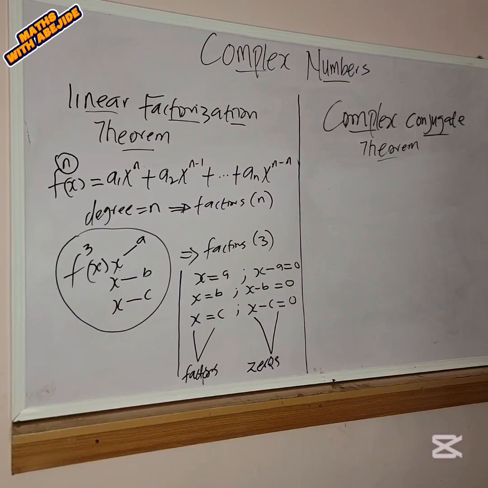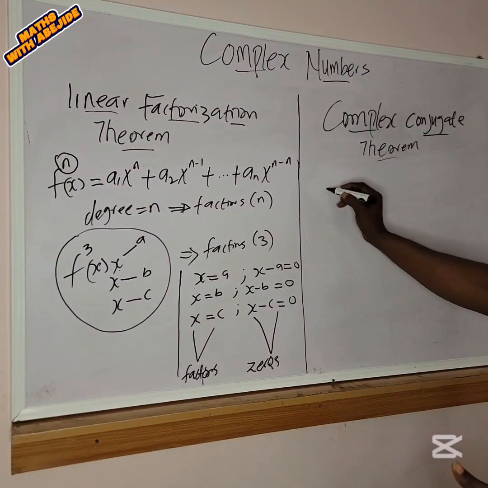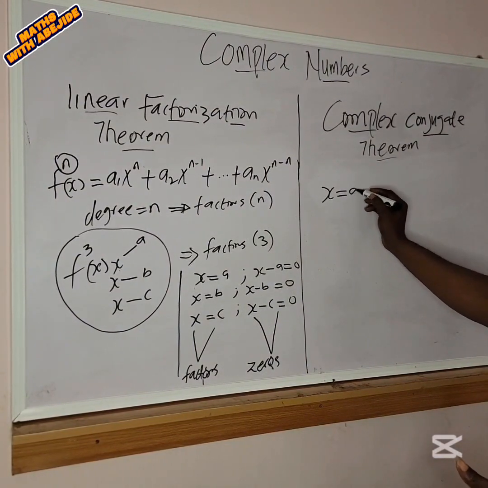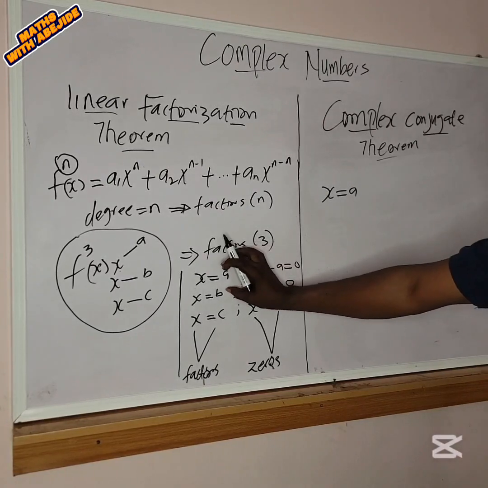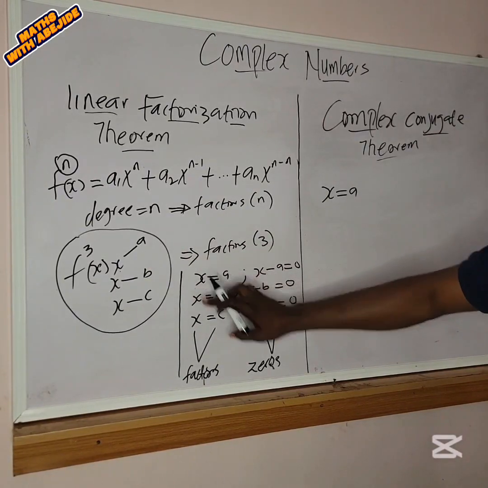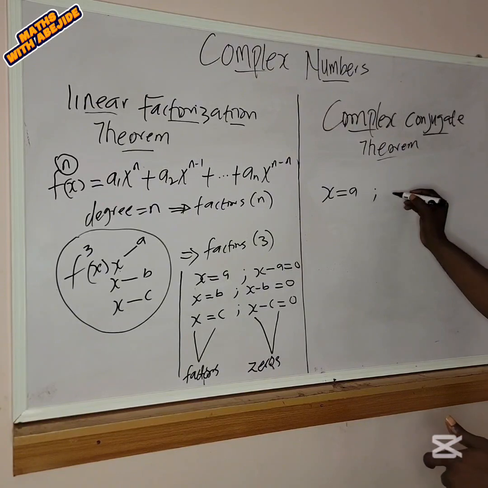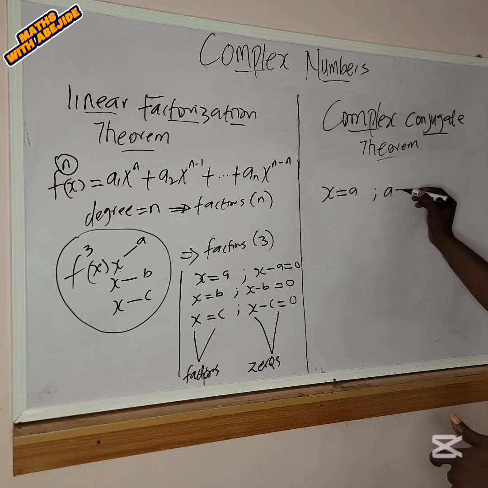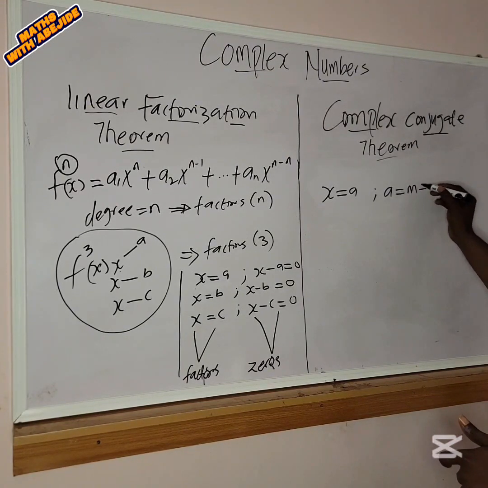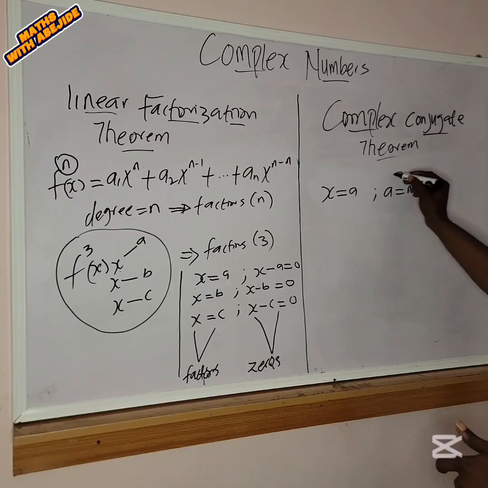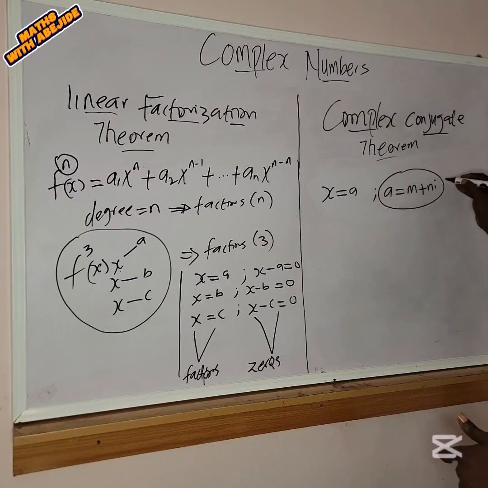And the complex conjugate theorem is saying that suppose we have x equal to a as one of the factors of this polynomial, as we rightly said here, such that a itself equals m plus ni, which implies that a itself is a complex factor.